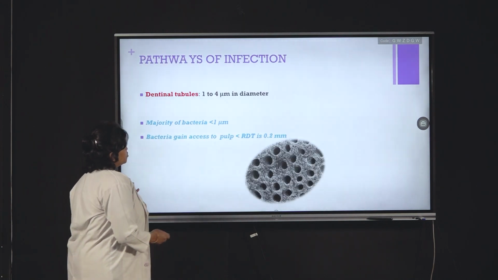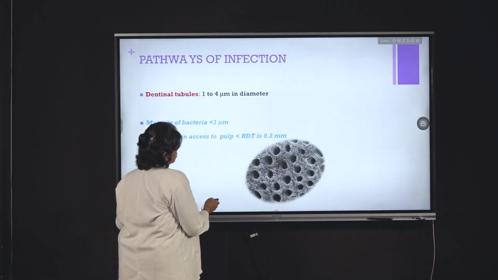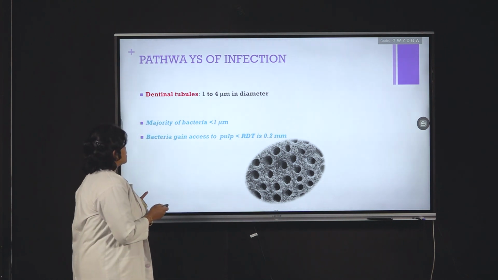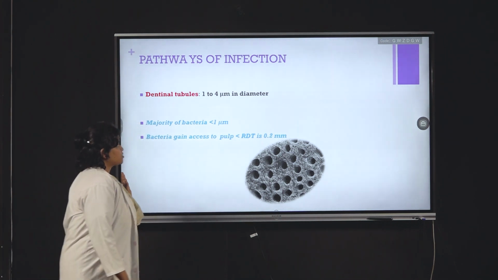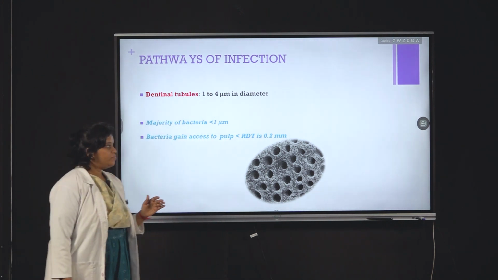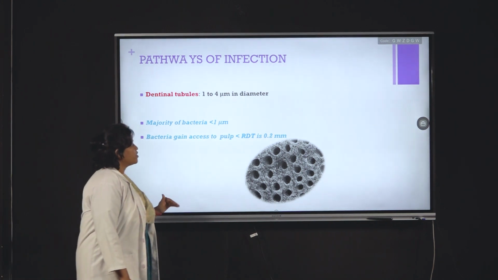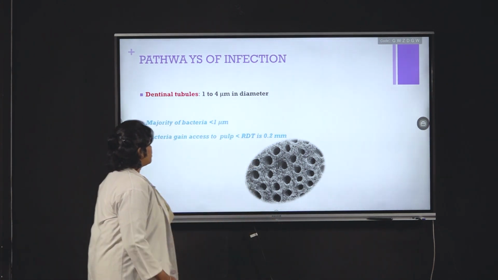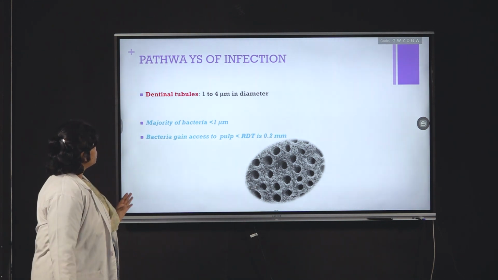The bacteria can enter the dentinal tubules because their size is much smaller than the diameter of the tubules, and they can easily reach the pulp. Especially if the remaining dentine is less than 0.2 mm, bacterial access is easier compared to a greater remaining dentine thickness. So these are the pathways of infection.